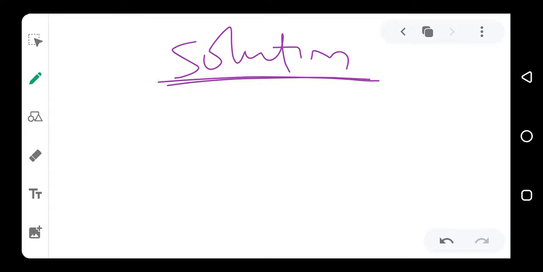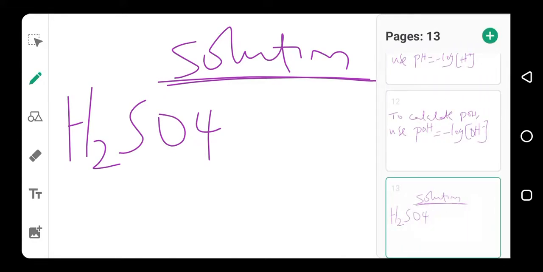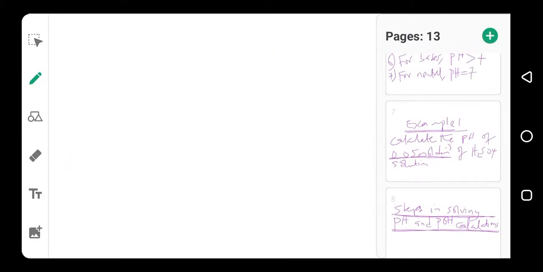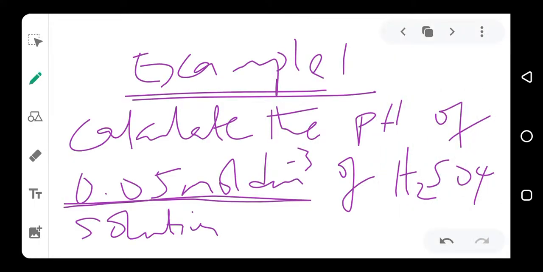The acid involved is H2SO4. That is the acid we are asked to calculate its pH. Calculate the pH of 0.05 mole per dm cube of H2SO4 solution.